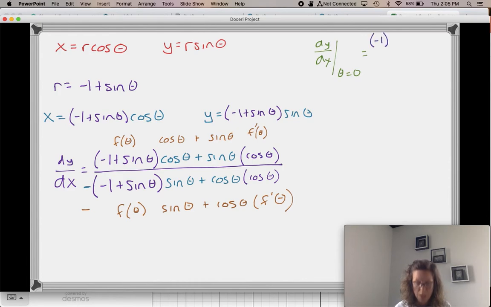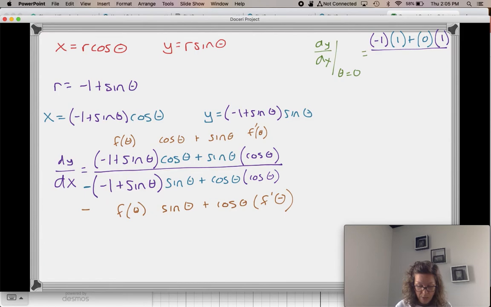So that first part just becomes -1 because sine of 0 is 0. Times cosine of 0. Cosine of 0 is 1. Plus sine of 0 is 0. And then times, it doesn't even really matter what the cosine of 0 is because I'm multiplying it times a 0. So sometimes if these are really messy, I don't even bother figuring it out because I already have a 0 times something. So it doesn't matter what happens here in the purple, this whole part's going to end up being 0. But cosine of 0 is 1.